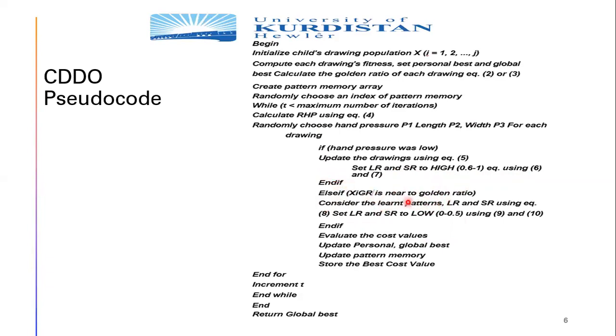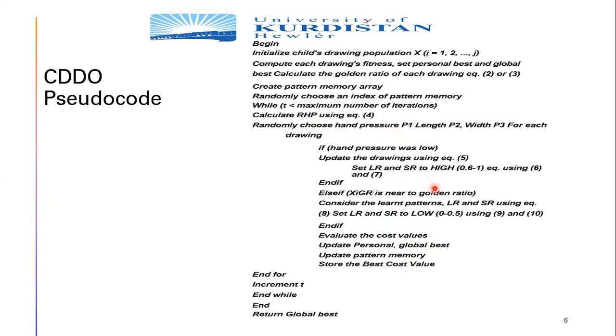If it's within that range, then we calculate the new drawing in that way, and we update learning rate and skill rate, and that's how we work. We update the cost value. Then we find the global best, the best drawing, and iteratively continue until the criteria is met.